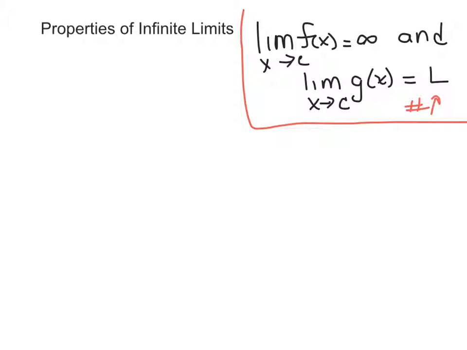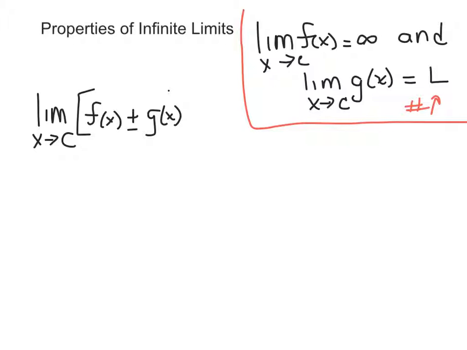So we're kind of combining the work that we did earlier in this chapter, and that is if we're finding the limit of the sum or the difference of the functions, and one is infinity and the other one is a number, then you're going to say that the limit of the sum is infinity.